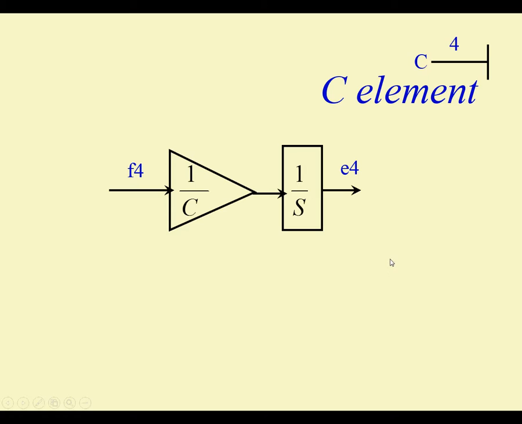And then we can write this way. You say that the flow is the input, and then you know, if the flow is the input in here, this is the input, this is the output.